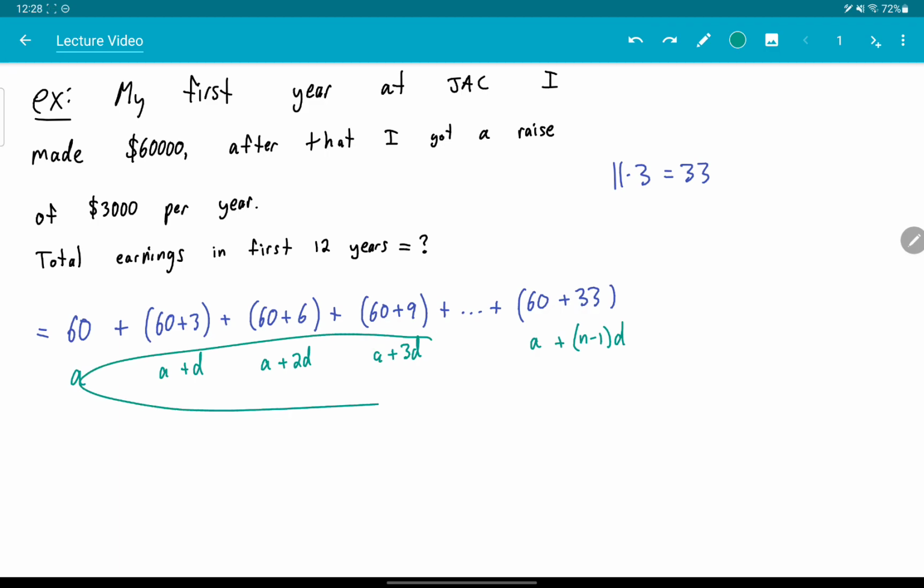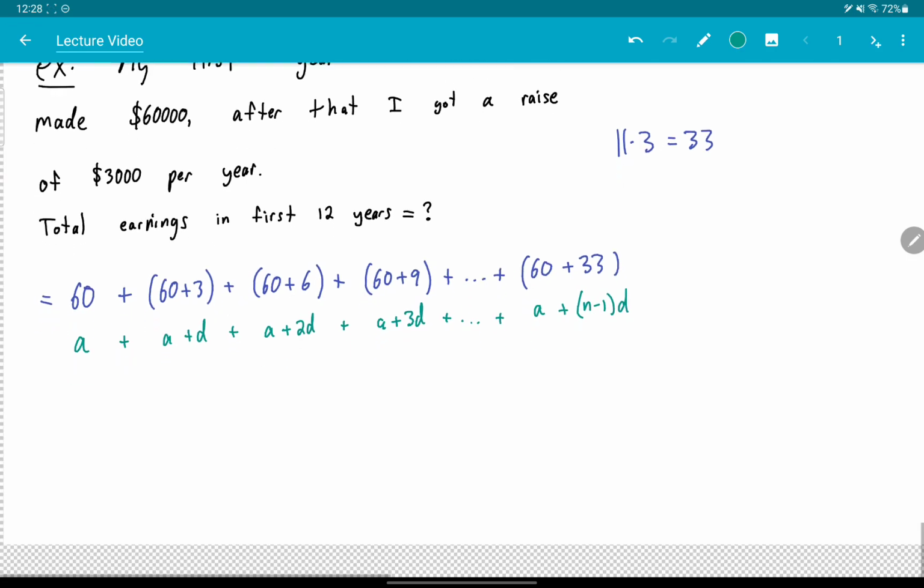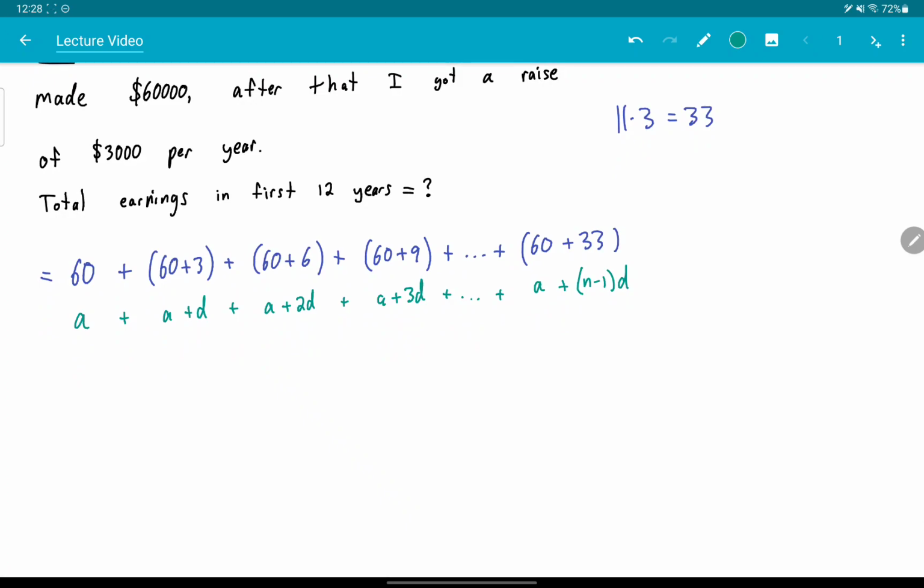So I'm going to add up this thing here. I'll put my plus signs here, and I'm going to get a nice formula here. Now, what do I do? Well, I notice that I have n terms, so the A appears n times.